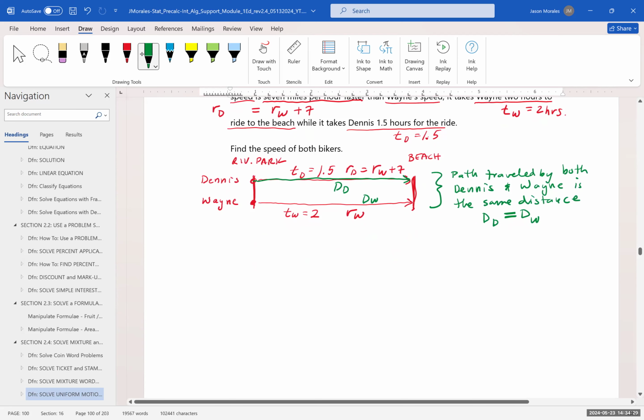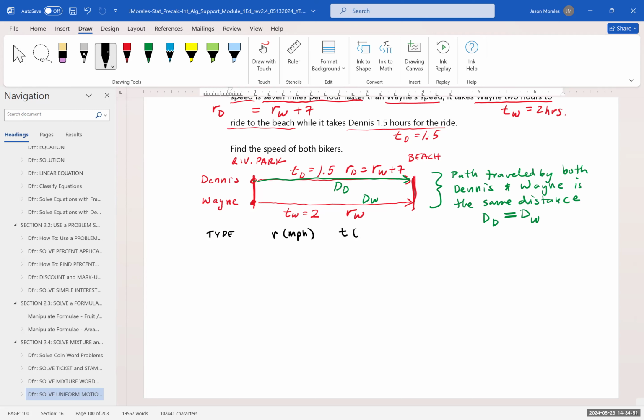All right, so let's set up our table. Before we had type, I'll just go ahead and put type again, just to stay uniform with everything else. So type, and then we've got rate, which is in miles per hour, and then we've got time, which is in hours.